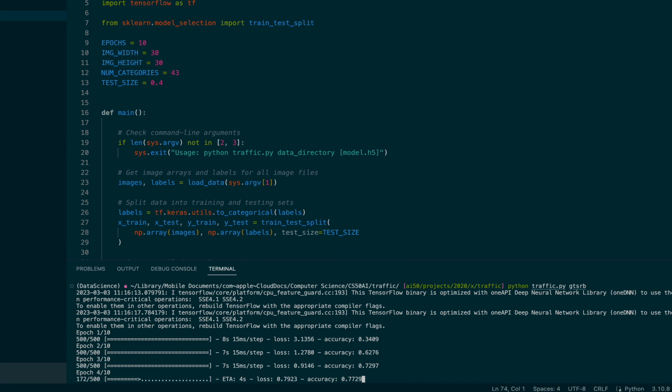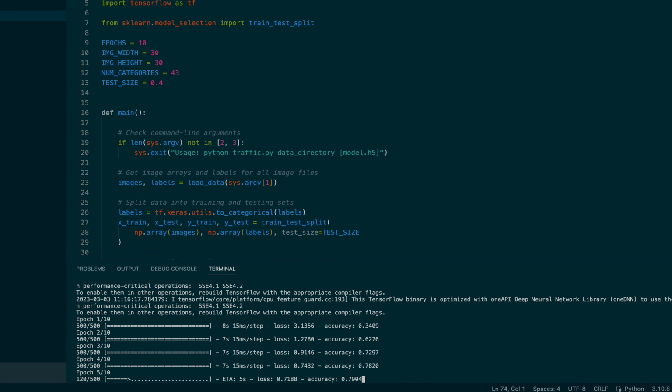Now we observe the loss is further decreasing with the accuracy increasing. But now it's not a big leap or a big difference from previous epochs.